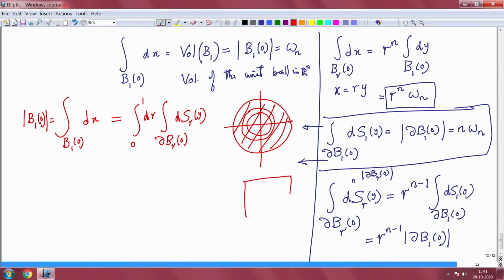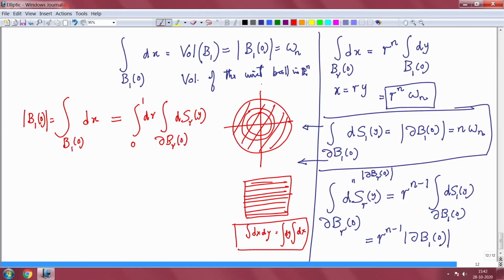If you want to integrate something like dx dy, you integrate with respect to all these lines, right. That is what Fubini's theorem tells you. You write this as an integral with respect to dx and then with respect to dy, you see. So, the same thing I am doing here, with the surface area.